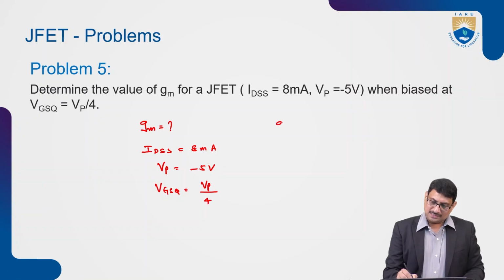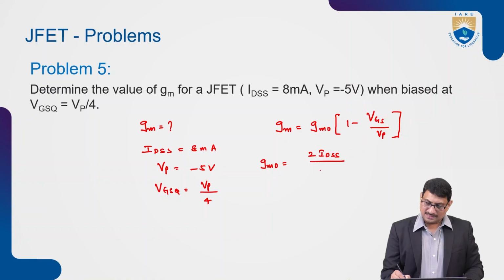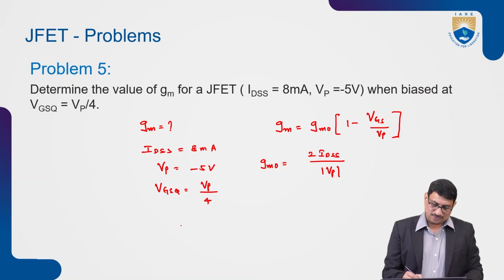To calculate the GM, we have the expression GM equal to GM naught into 1 minus VGS divided by VP. And to calculate the GM naught, we have the expression GM naught equal to 2 IDSS divided by the magnitude of VP. So I will calculate GM naught first and later substitute.